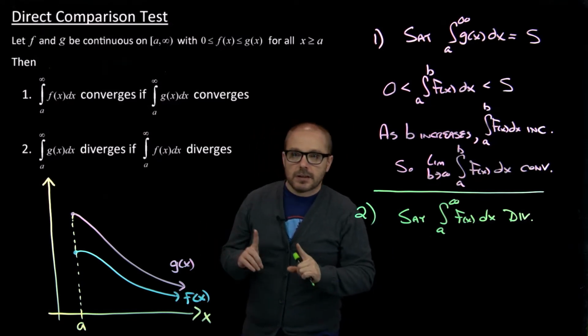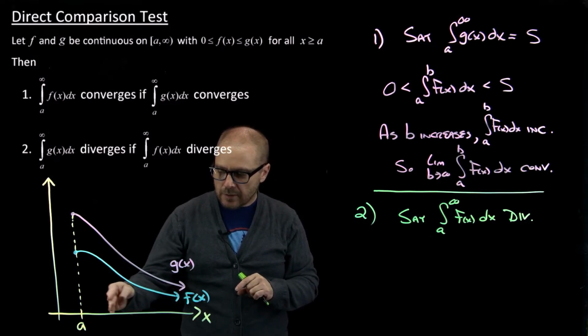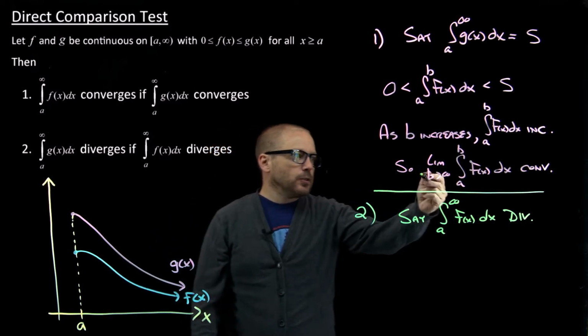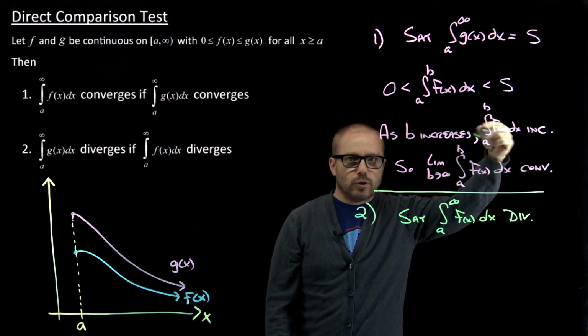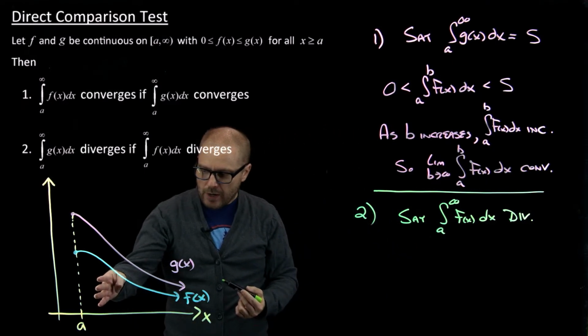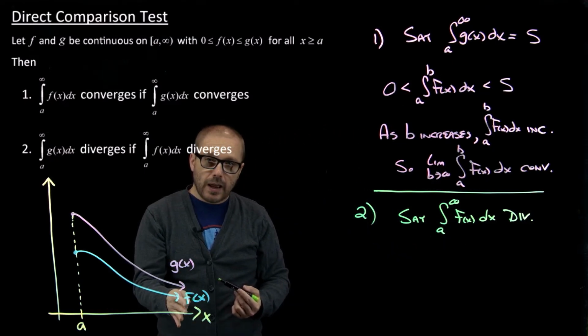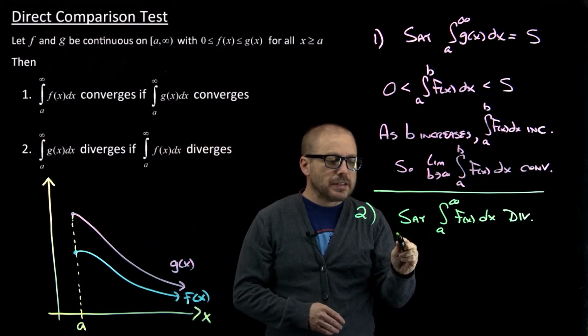Well, it diverges in a very specific way. Because it's not negative, this is constantly increasing, and since it's diverging, the area under there is getting bigger and bigger and bigger. It's growing without bound. It's going to infinity.